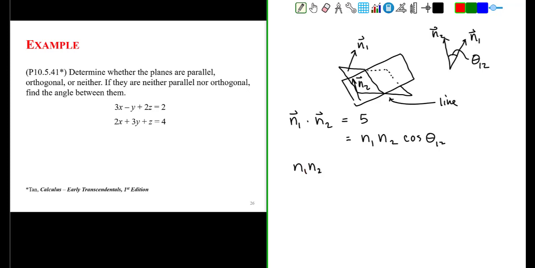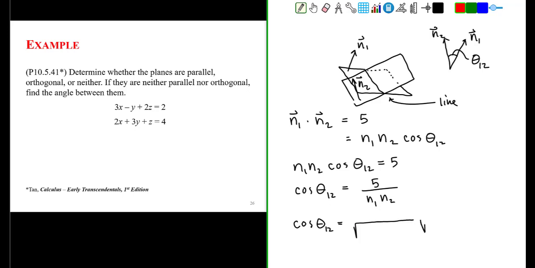So the product of the magnitudes of both normal vectors times the cosine of the angle between them must be equal to 5. This means the cosine of the angle between those two normal vectors is equal to 5 divided by the product of their magnitudes. So the cosine of the angle between those two planes is given by 5 in the numerator, but let's look at the denominator. The denominator is the product of the magnitudes of those two normal vectors.